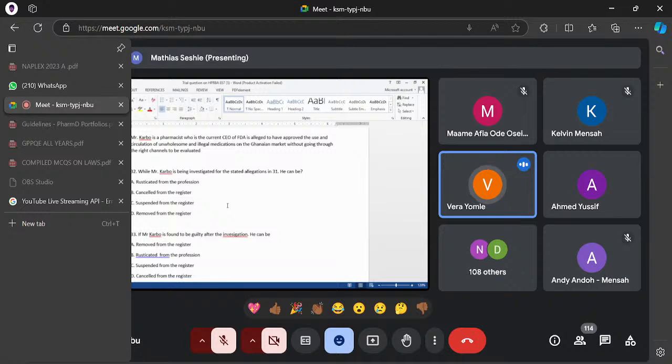While Mr. Cabo is being investigated for the stated allegations in 31, he can be A, rusticated from the profession, B, cancelled from the register, C, suspended from the register, D, removed from the register.